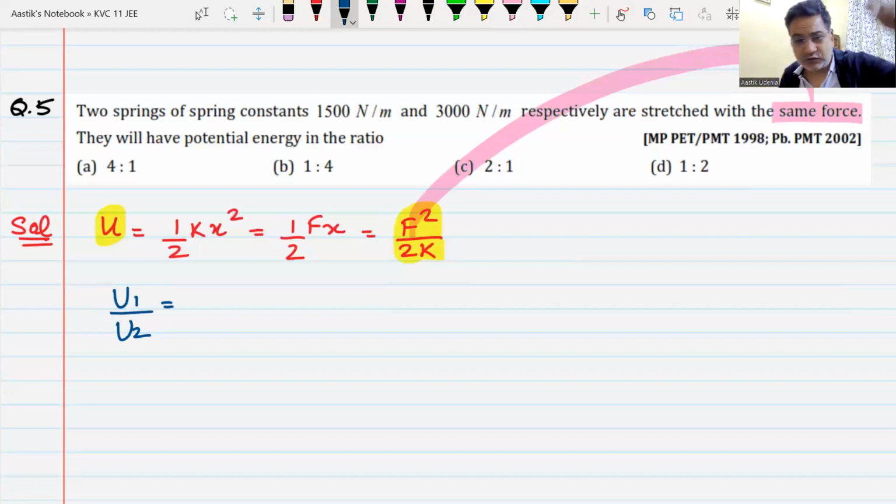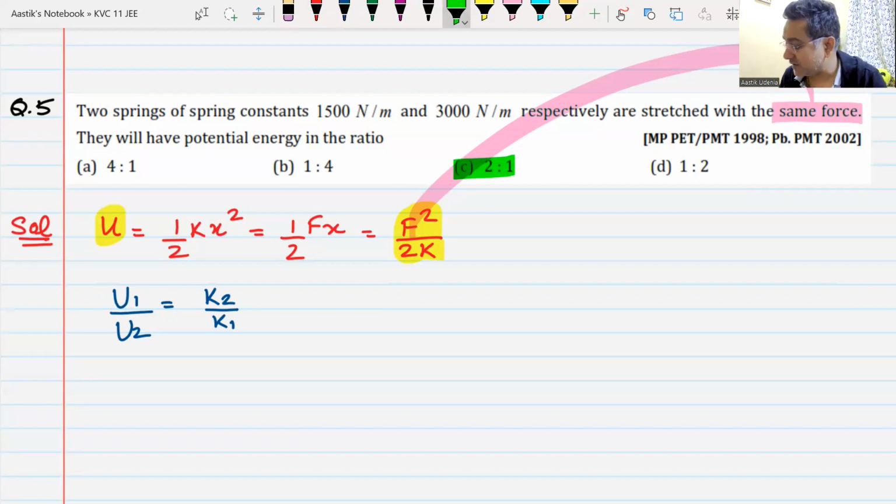As you can see, this U is inversely proportional to K. So that will be equal to K2 by K1. Do we understand this? So it is not directly proportional to K because here the force is same. Energy is inversely proportional to K, and therefore the answer is not 1:2, but the answer is 2:1. Do we understand this?